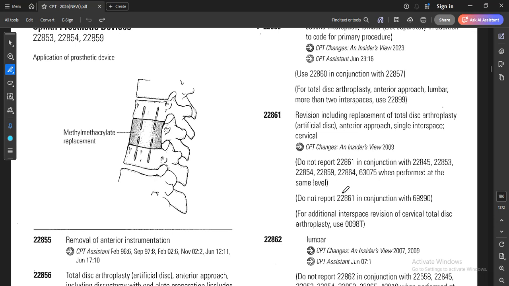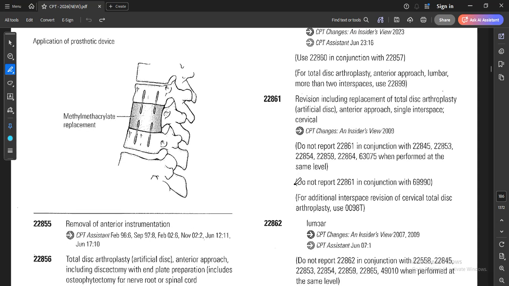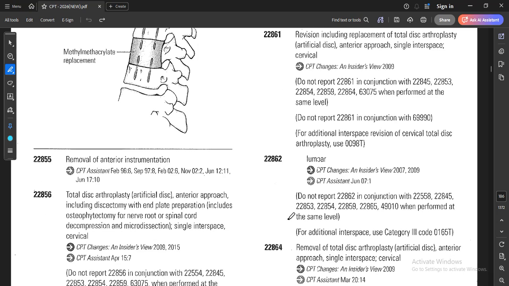For example, if the patient had an arthroplasty performed but it is damaged, the physician will remove that arthroplasty device and he will place a replacement, a new one. So that time also you can use 22861. Okay. So this is for cervical. If the physician performs the same procedure on the lumbar area, 22862. For additional interspace, you can use 0098T for cervical. In the lumbar area, you can use this one, 0165T.